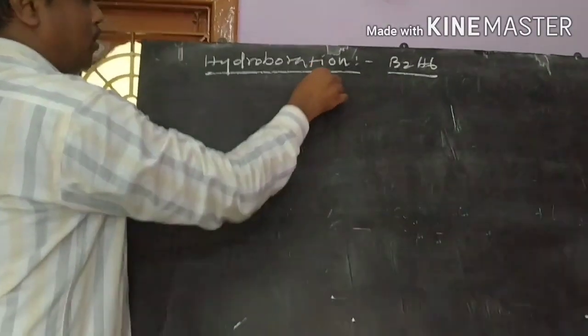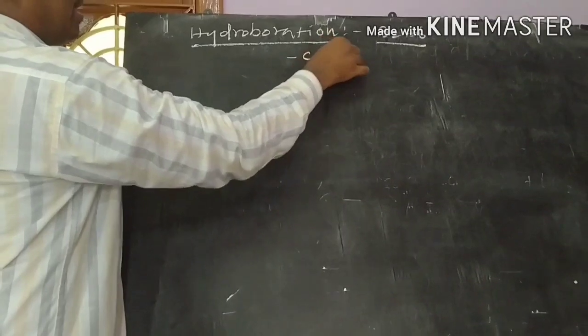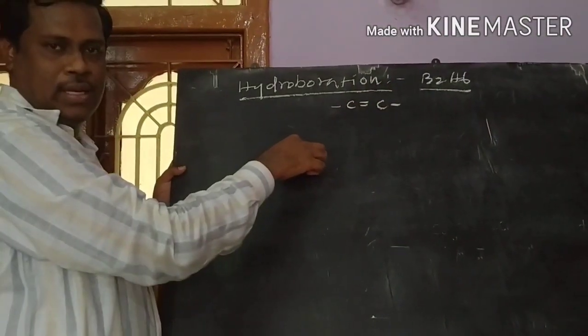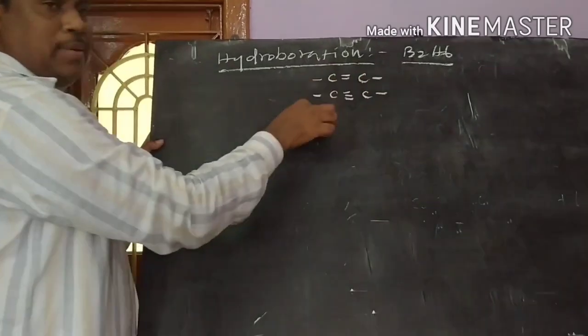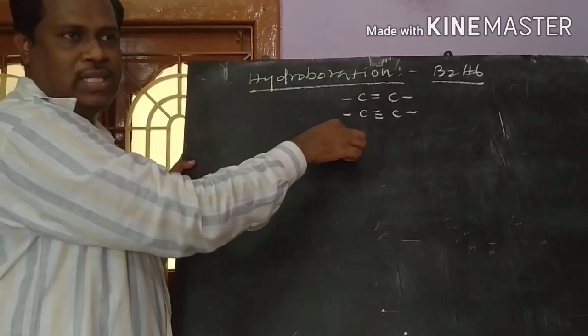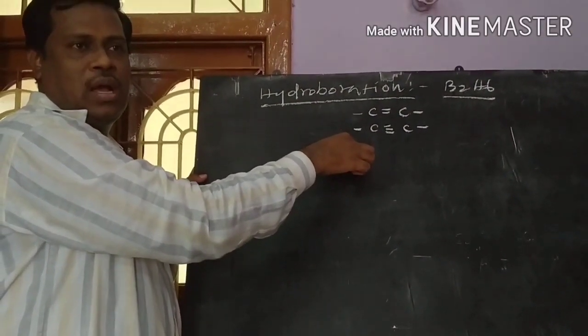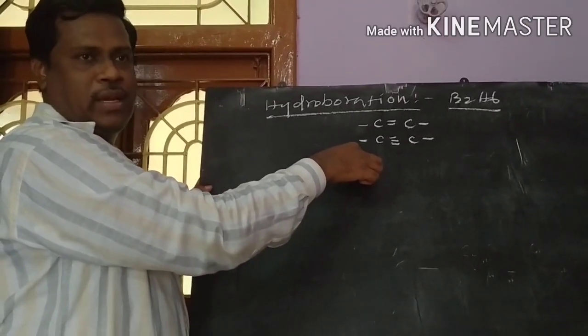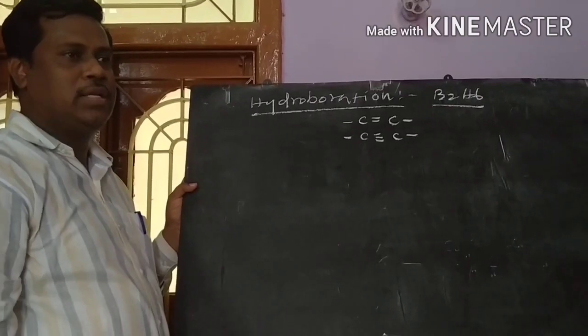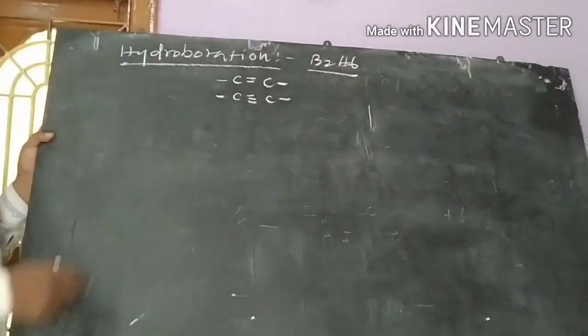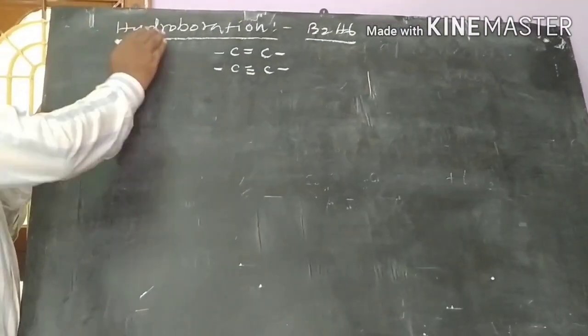Alkene means a carbon-carbon double bond is present; alkyne means a carbon-carbon triple bond is present. Diborane adds on to alkenes and alkynes in ether solvent at room temperature. This reaction is called hydroboration.